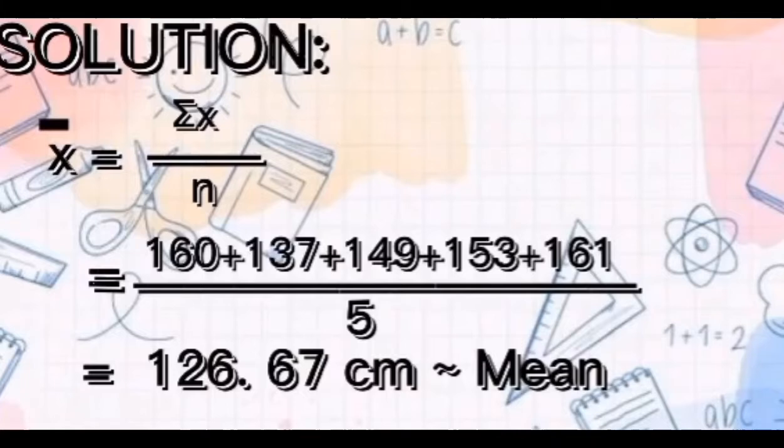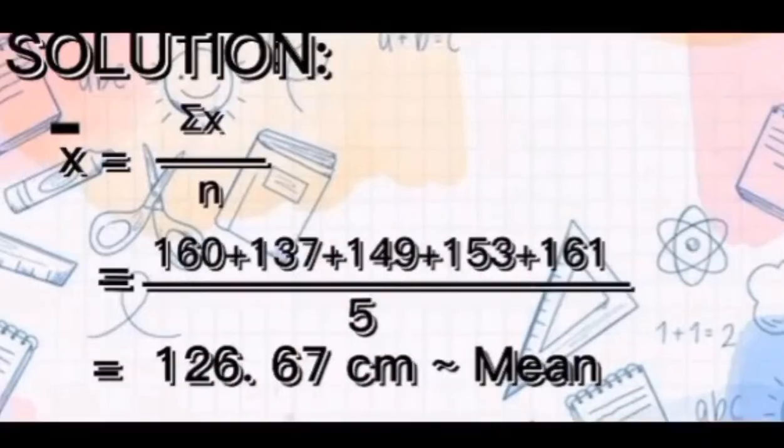Substitute the given values: 160 cm plus 137 cm plus 149 cm plus 153 cm plus 160 cm over 6, is equal to the sum of 760 cm over 6. Therefore, the average height of the 6th runner is 126.67 cm.